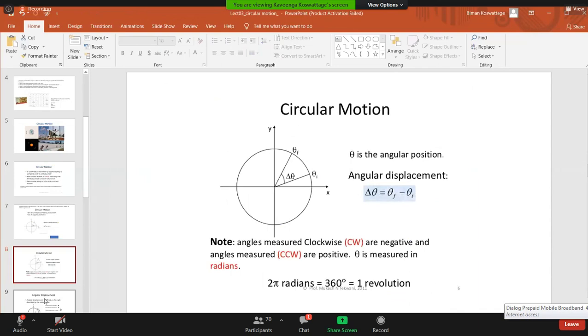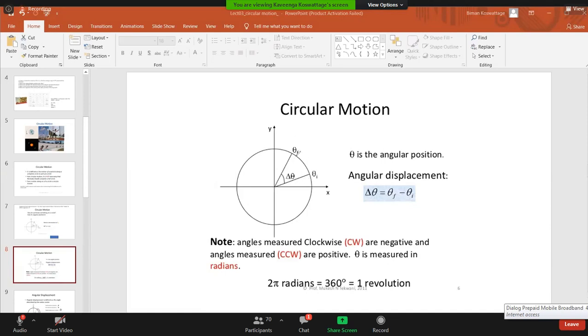So as I said, in circular motion, we define angular displacement, right? We define angular displacement every time. So angular displacement is defined as the angle through which an object moves in a circular path.